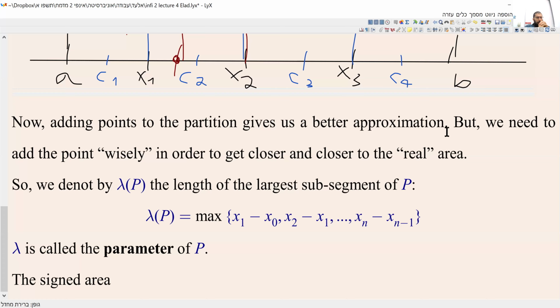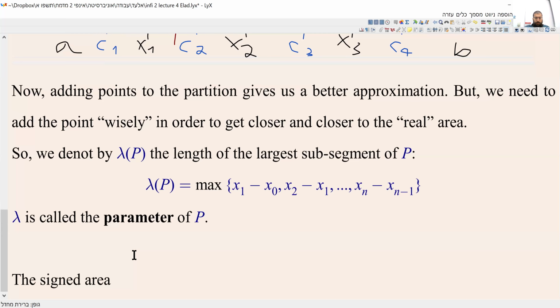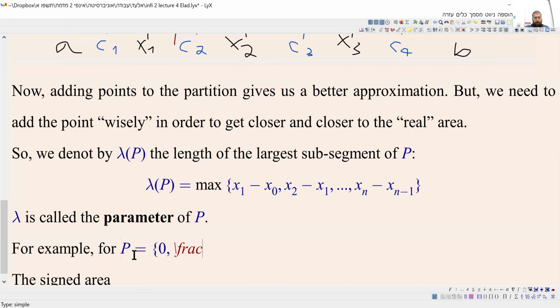All of them. Let's have an example for gamma, then write the main definition. For example, let's say p is 0, half, 2/3 and 1. A partition of the segment 0 and 1.